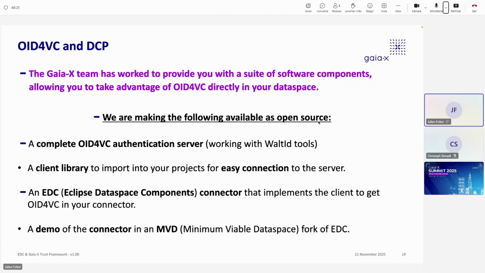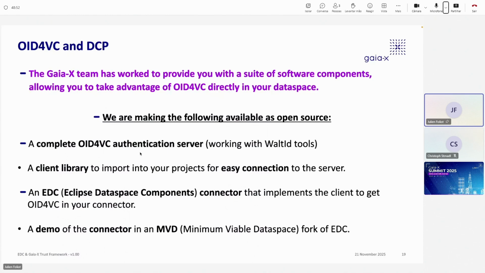We use Vault ID tools for verifying, issuing, and wallets. They are really cool tools, really reliable. We'll also supply a Java client library that you can import in your project for easy connection to the server. This is what I will show you in the demo just after.